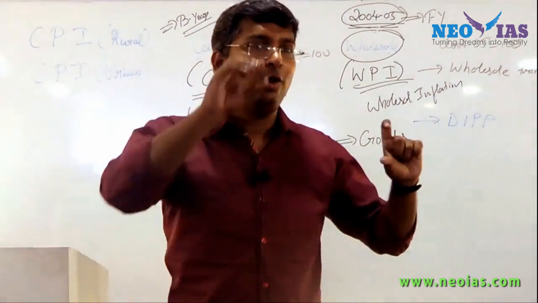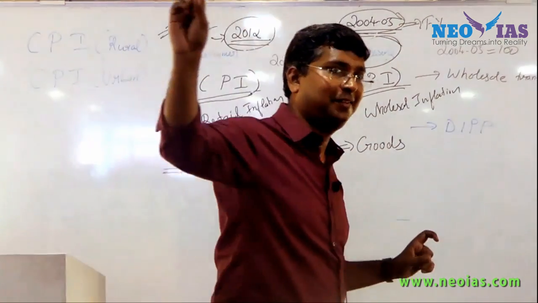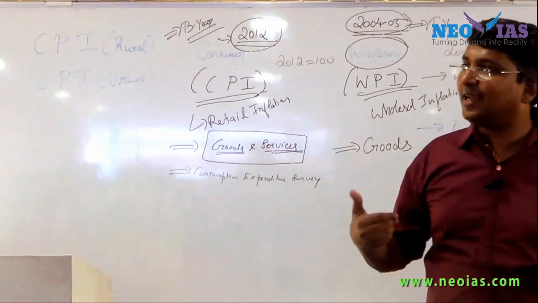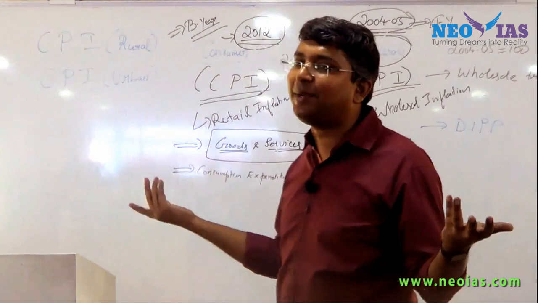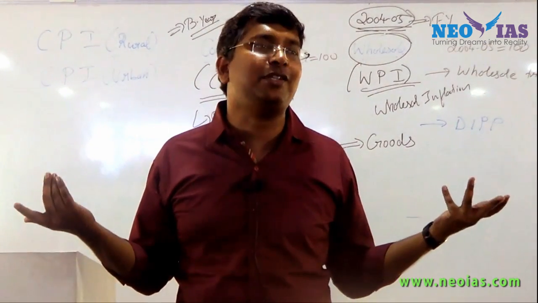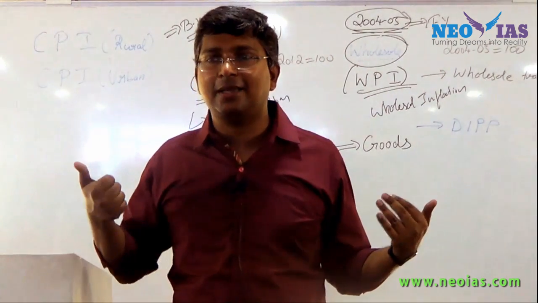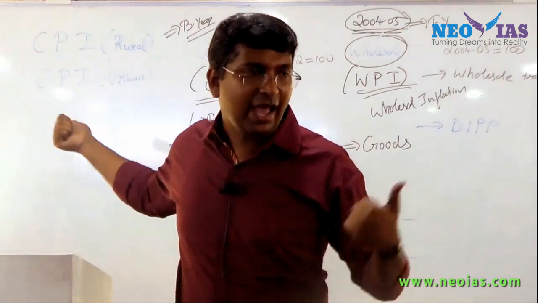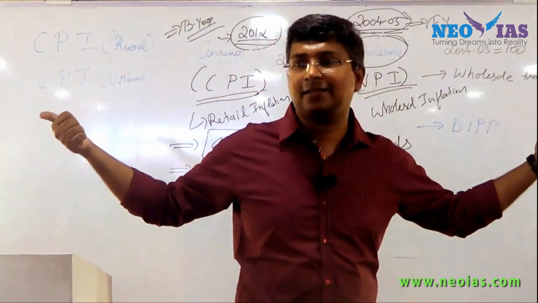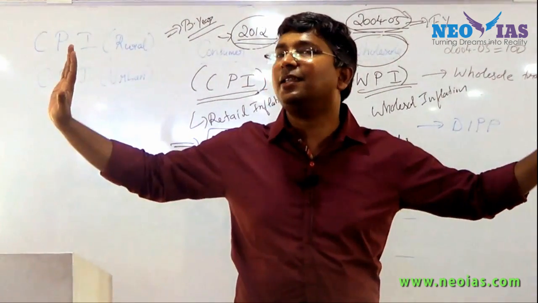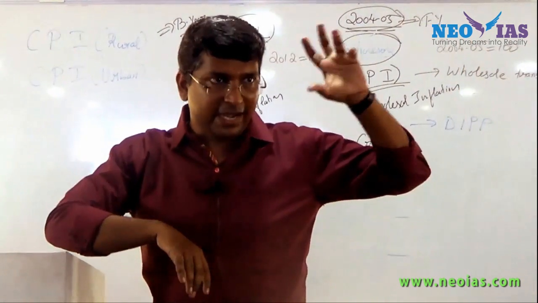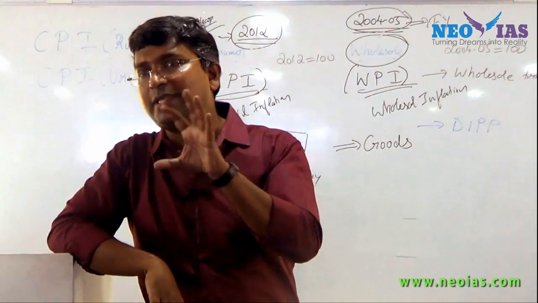Who gives you headlines? Newspapers. So the inflation data coming in the newspaper is headline inflation. What inflation data comes in the newspaper? It is consumer price index combined and wholesale price index combined. Nothing else is released as headline news, so headline inflation data is basically these two.